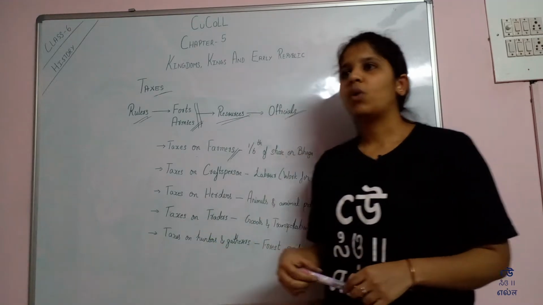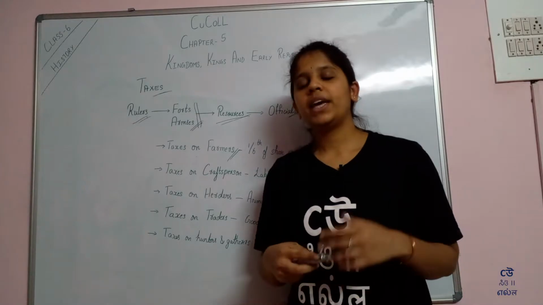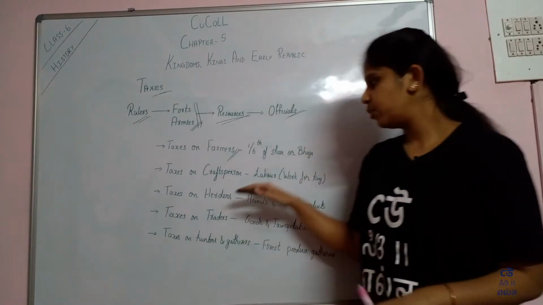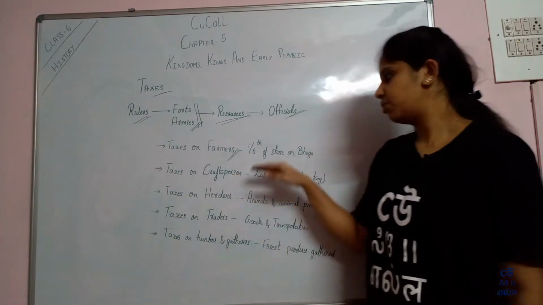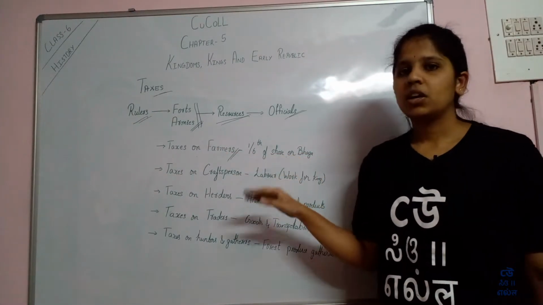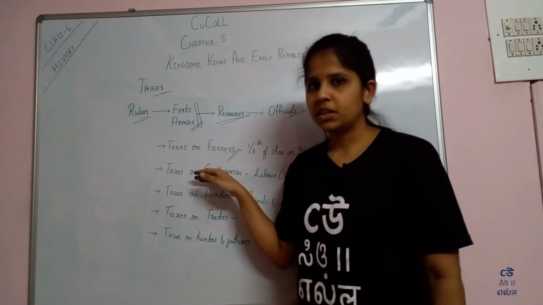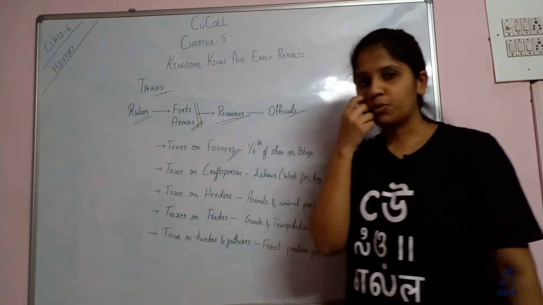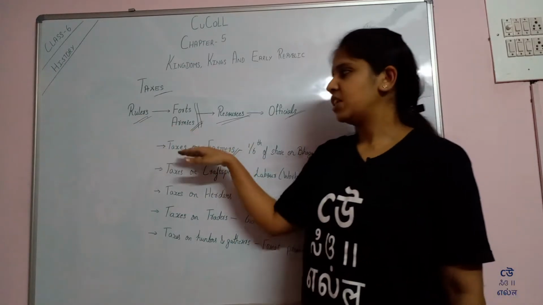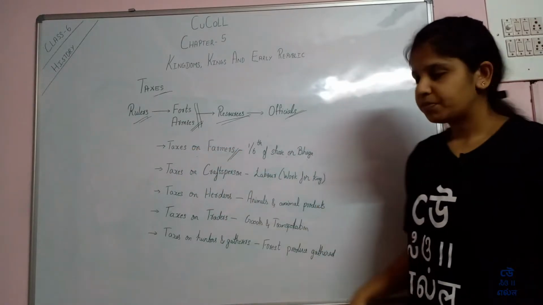Whatever he produces, whatever crop he gets, he has to give it to the ruler. So the 1/6 share or the bhaga of the crops grown by the farmer had to be given to the raja. So crops were taken by the raja in the form of tax from the farmers.